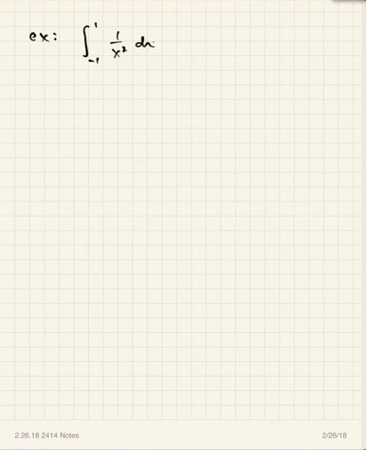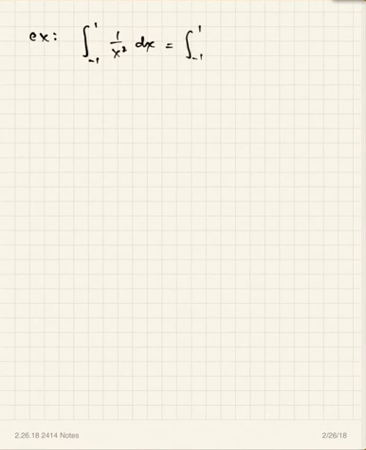What I want to do is I want to start off with an example that is an integral. And I want to talk about this integral a little bit. And it's a definite integral from -1 to 1 of 1 over x squared dx. Now this is a pretty easy function as far as finding the antiderivative, because this is just x to the -2.